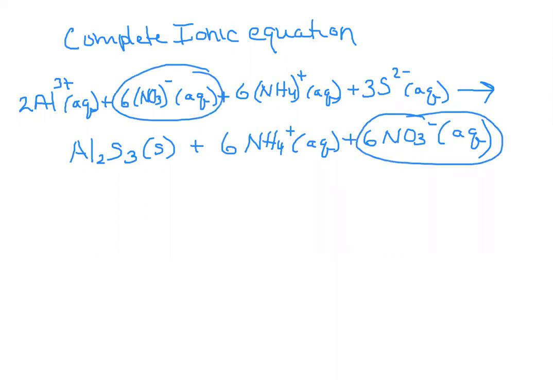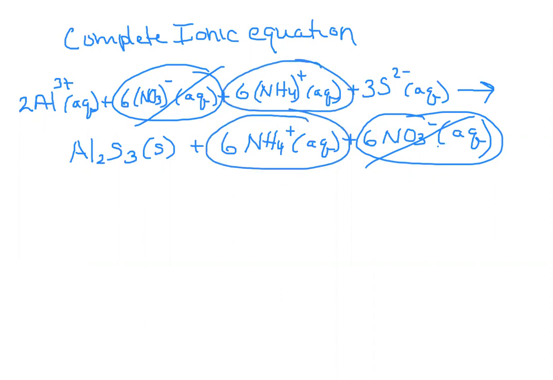It doesn't do anything. There's 1 here, there's 1 here. We can just cross them off. Okay, it's a little bit like in math. When you have the same thing on both sides of the equal sign, they just cancel each other out. We got these 6 and we got these 6. They don't bring anything to the table. We can just cross them off. Okay, before I did all this crossing, that was the complete ionic equation.